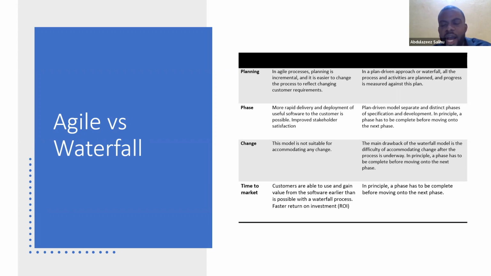So the main drawback of the waterfall model is it's difficult to accommodate change. When you move beyond that phase, it's always difficult. And when you work in an institution that is strictly process-driven, you would sign documents, and before the approving officer eventually approves, you're late to the market.